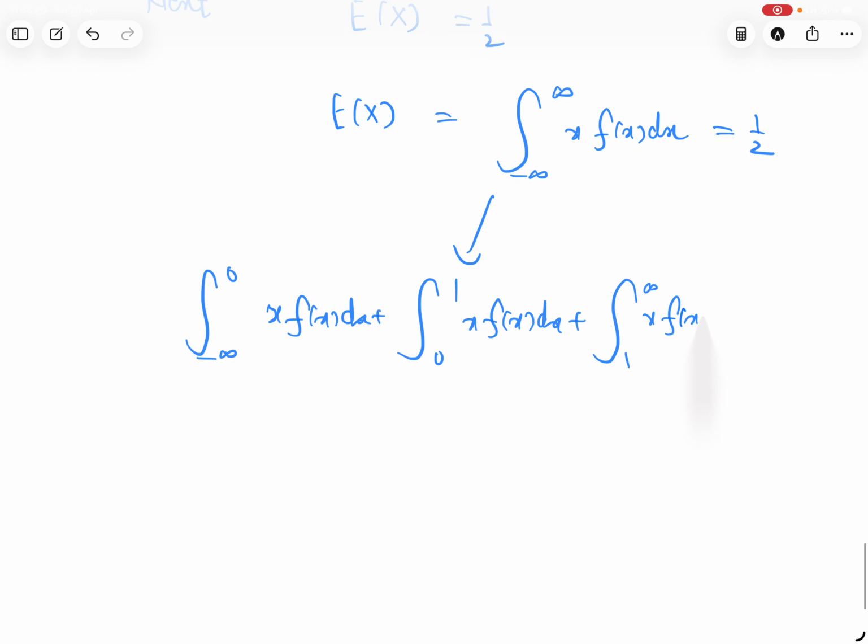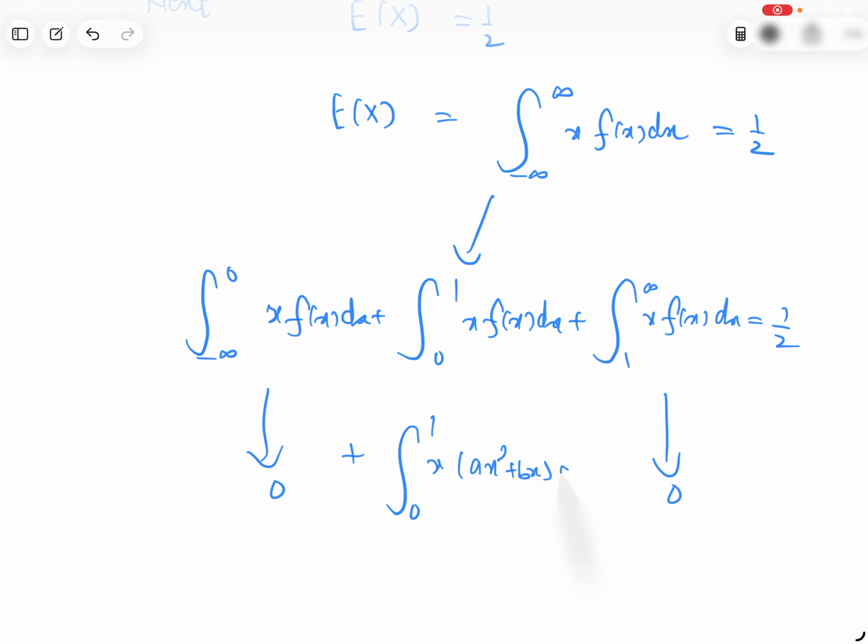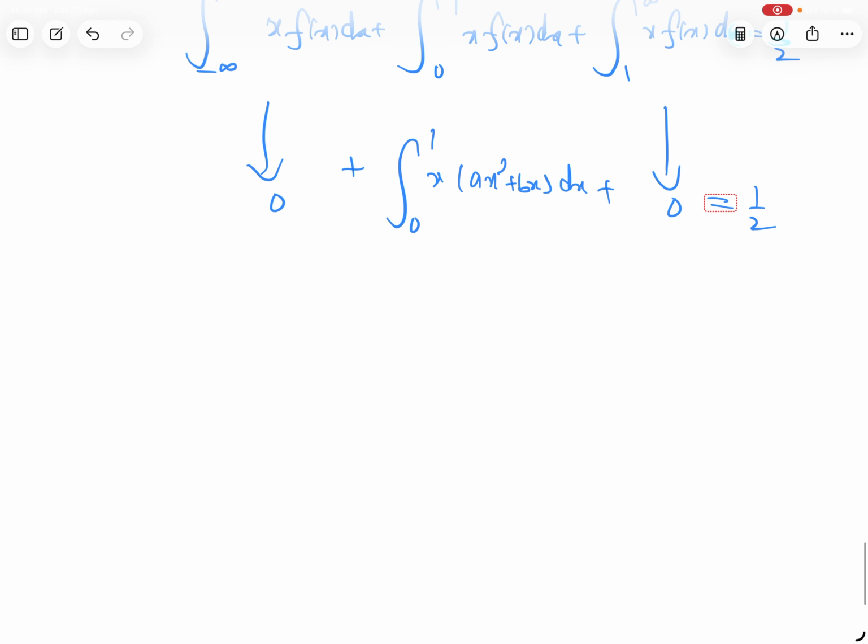The first and last are 0 because f(x) is 0 in those ranges. So the integral from 0 to 1 of x(ax² + bx) dx is equal to 1/2.